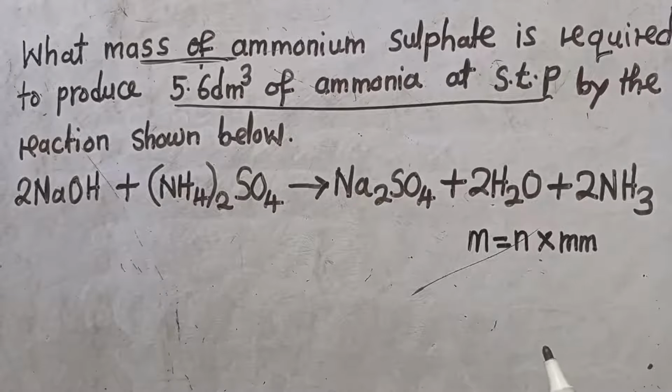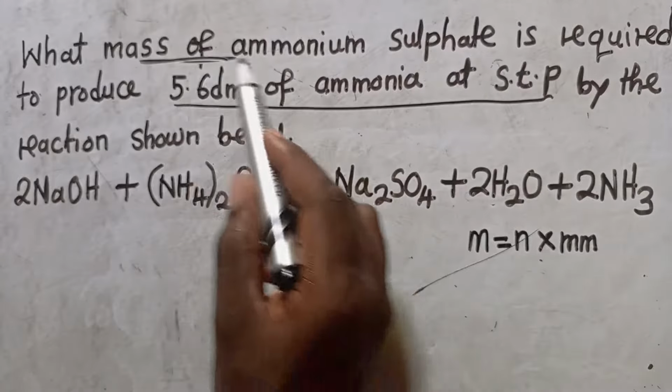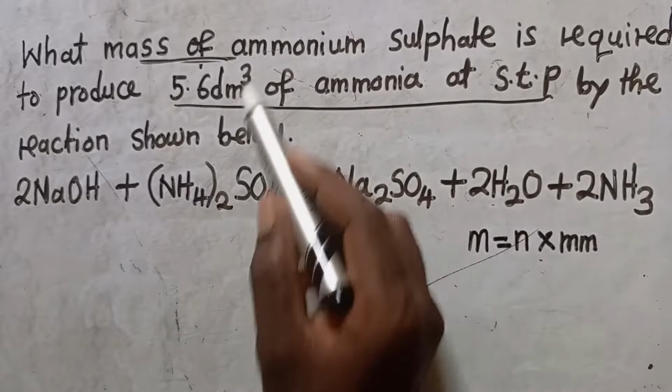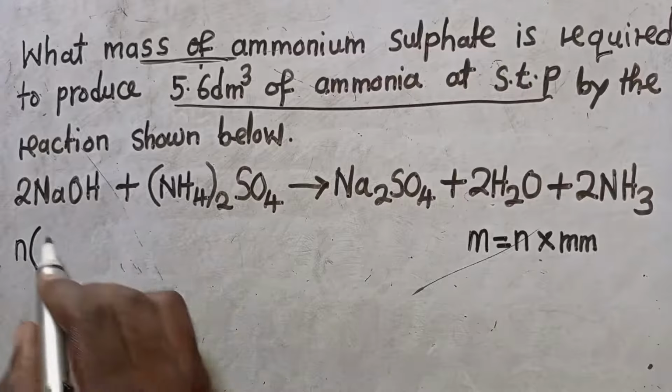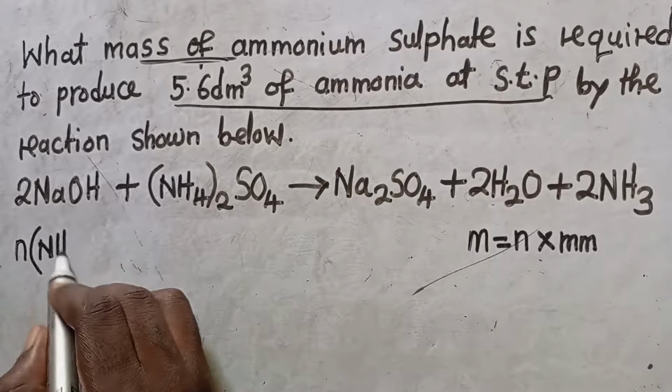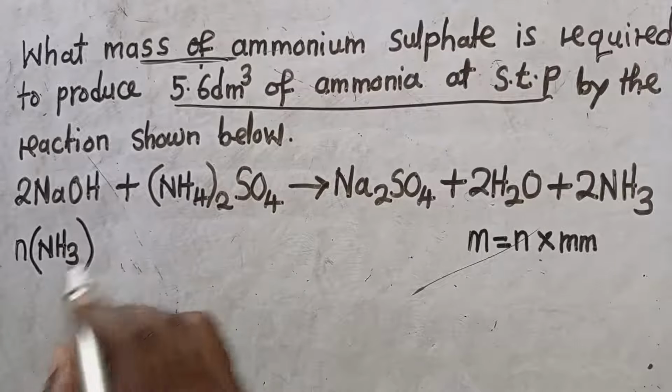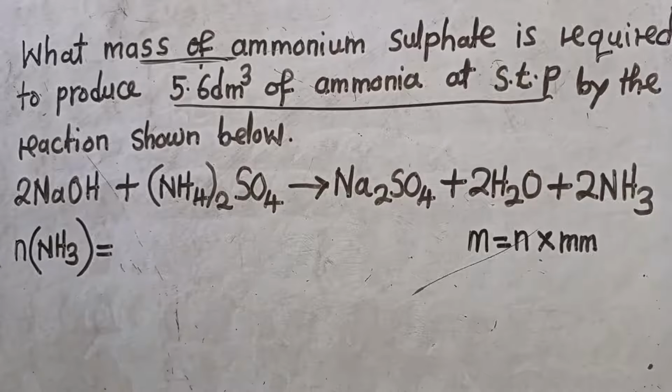So we are going to calculate the number of moles using this information. We are calculating the number of moles for what? For ammonia. The number of moles is given by a particular formula.